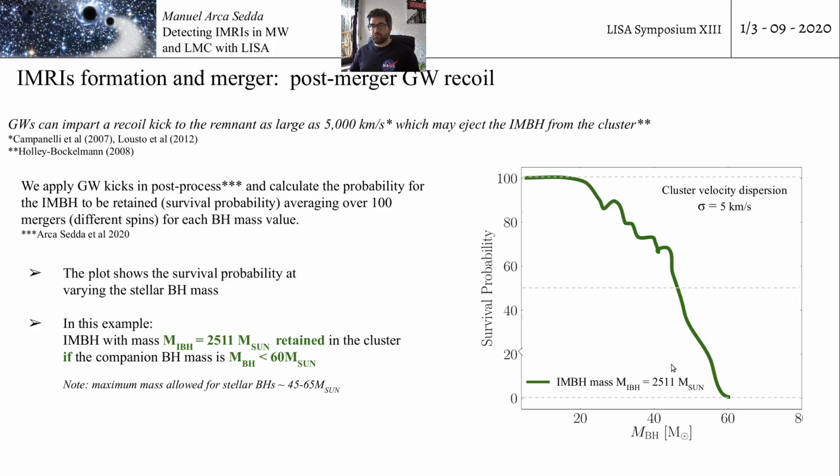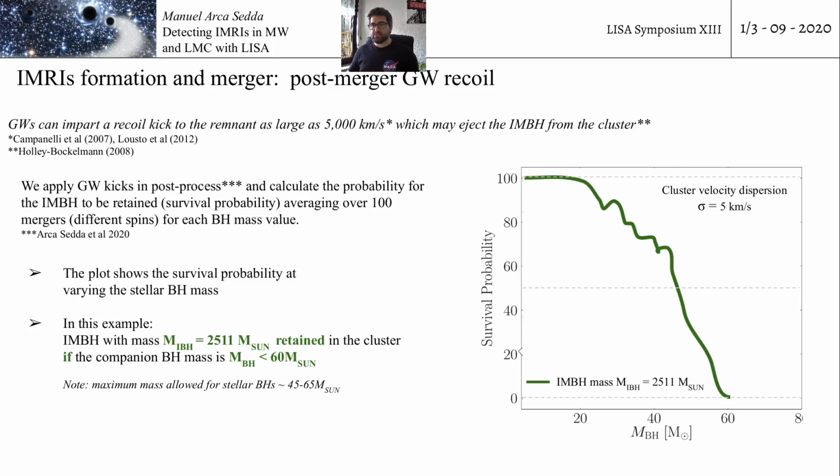For this value of the IMBH mass, I created a tree of mergers for different values of the stellar black hole mass, and each point here is averaged over 100 mergers, assuming different values of the spins. As you can see in this specific case, whenever the companion black hole mass is below 60 solar masses, which by the way is the maximum mass allowed for single stellar black holes, your IMBH will be retained with a non-negligible probability in the host cluster.